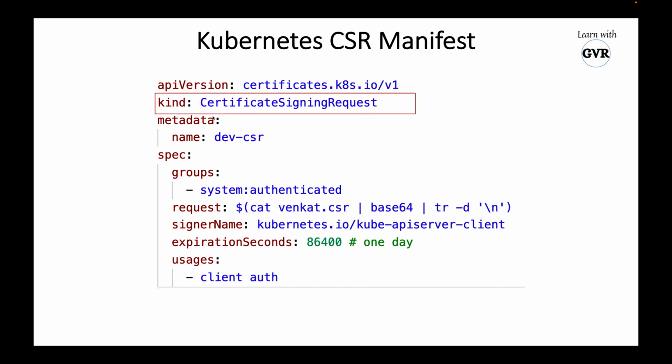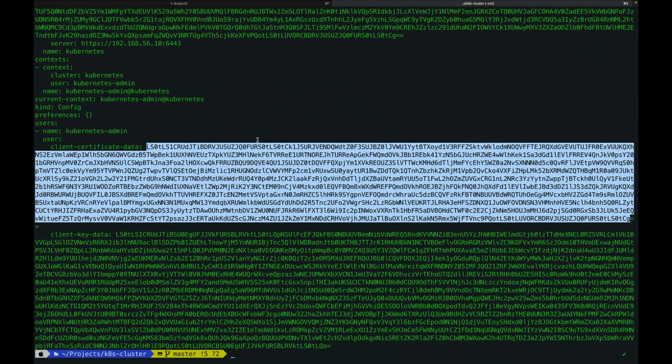Here the kind is CertificateSigningRequest, and you give it a name. Here I am trying to create a user called Venkat. See here, kubectl config current-context: in the current context, admin is here.